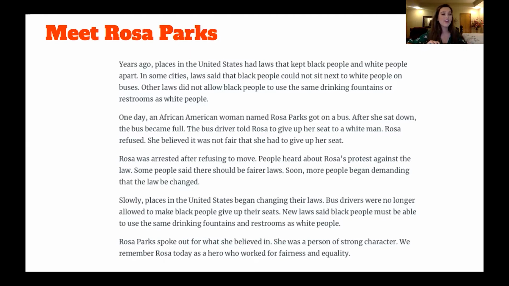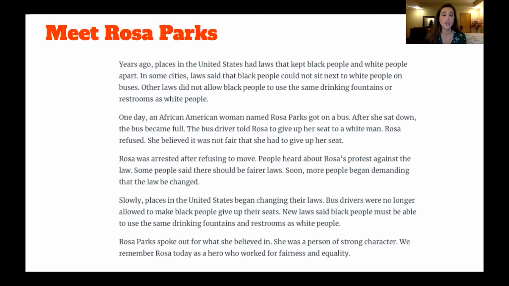I'm going to pick up another marker just to switch it up, and let's do this one together. So let's read it out loud. One day, an African-American woman named Rosa Parks got on a bus. After she sat down, the bus became full. The bus driver told Rosa to give up her seat to a white man.